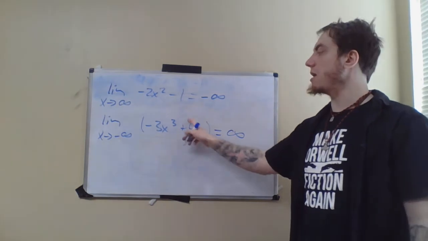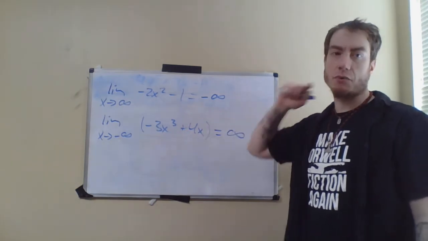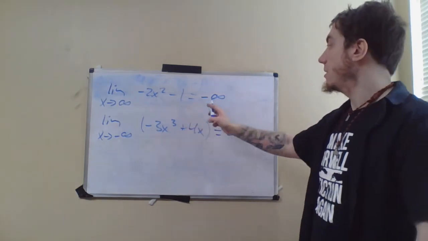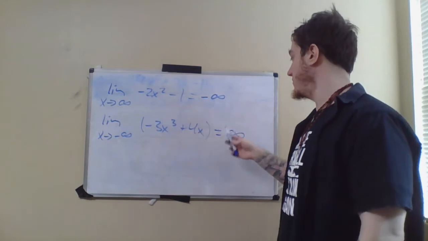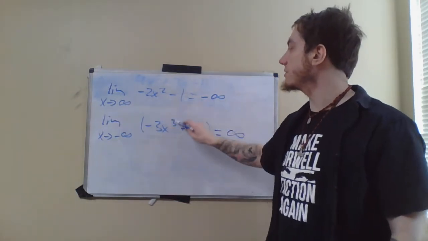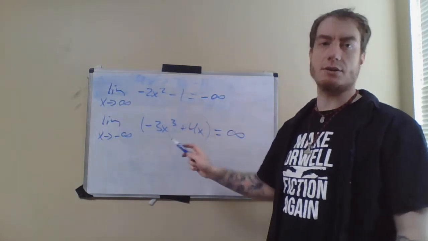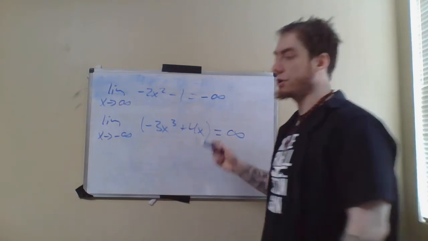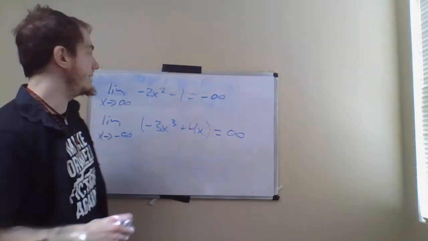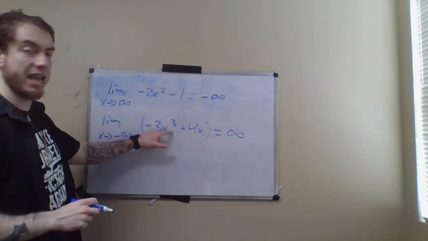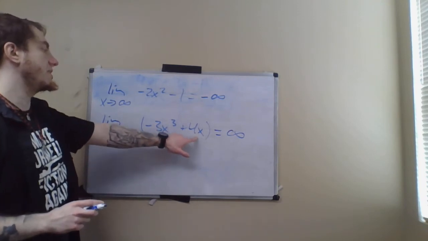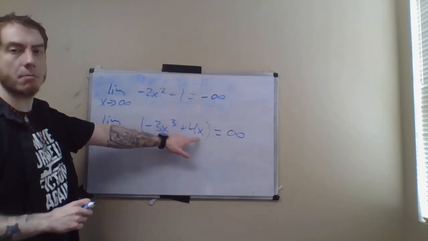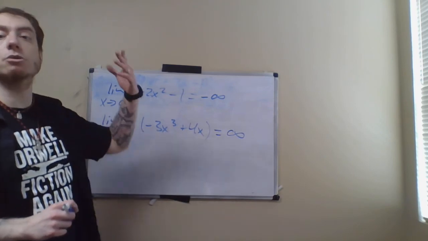And when you're dealing with polynomials, the only thing that matters for these limits at infinity being infinity or negative infinity is going to be the highest degree term. The other terms don't really matter. The reason for that is if I take a big number and I cube it, that is much larger than what happens if I just take the number by itself, or even the number squared, right?